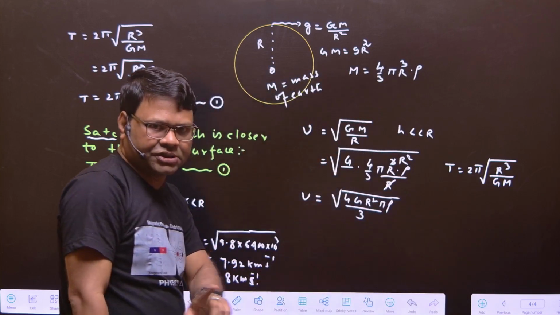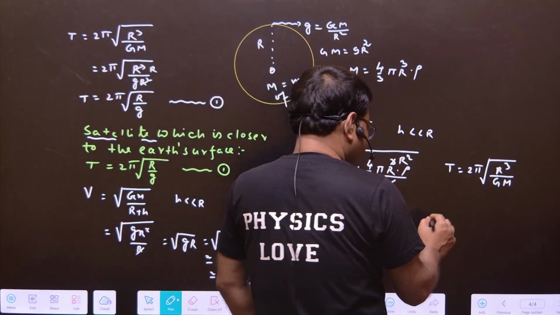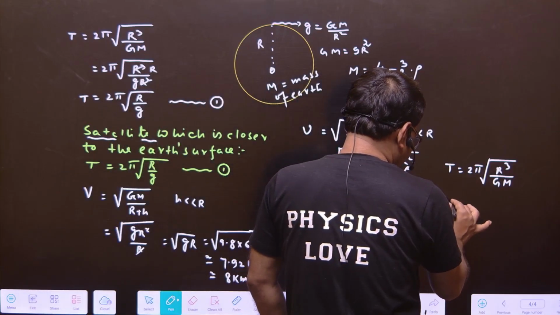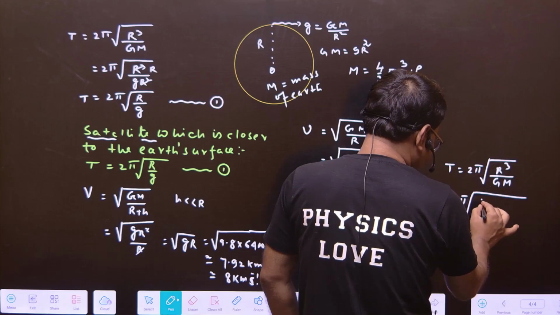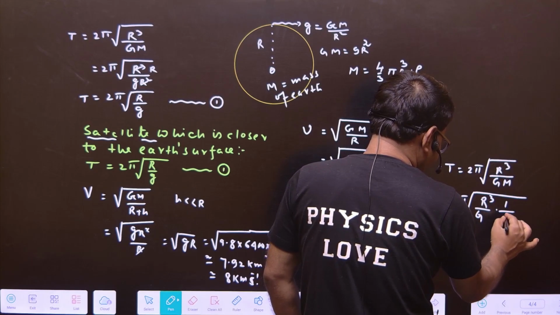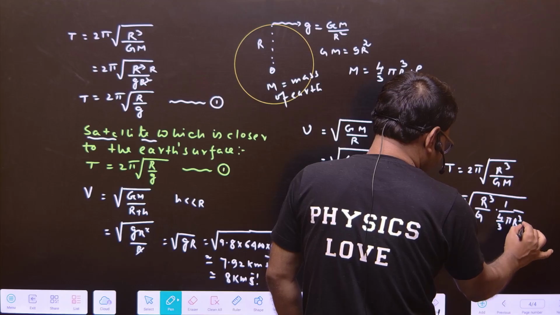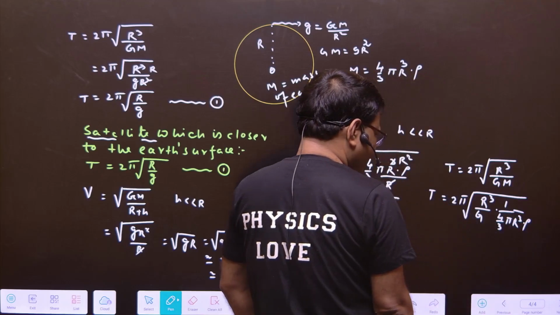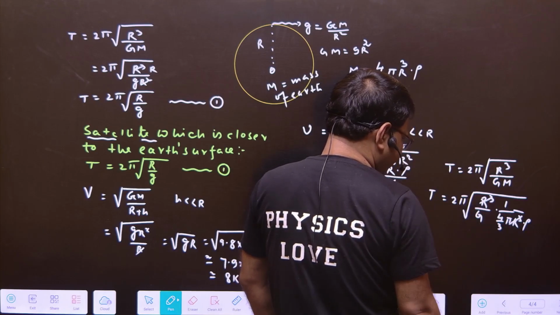From this relation, see here, students. T is equal to 2 pi root of r cube, G, into 1 by the mass, meaning 4 by 3 pi r cube into density rho. Clear? So here r cube will be cancelled.